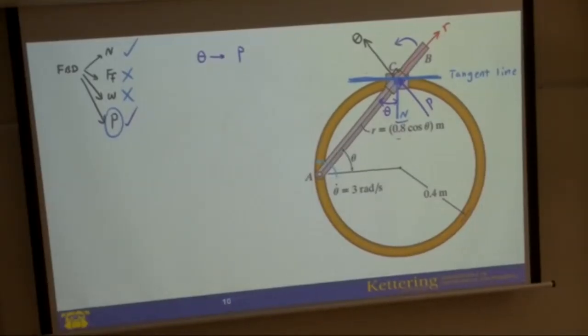Let me use another symbol not to confuse: beta. I want to find this angle, the angle between the normal force and this line. Why? If I find this one, I can project the normal force along R and along theta. My question, how much is beta?